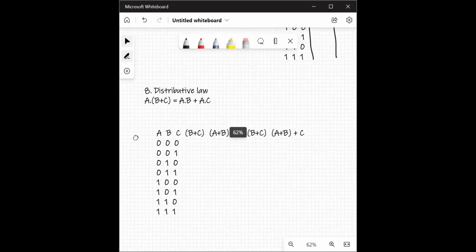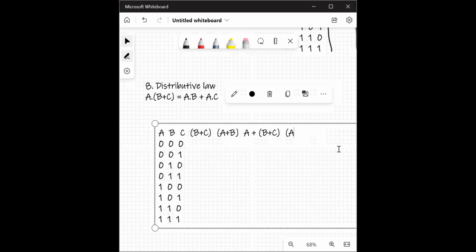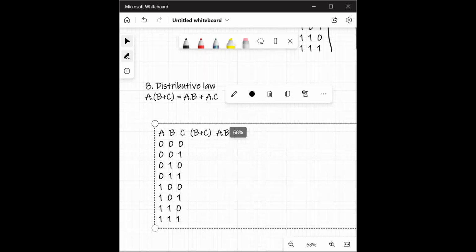So the eighth one, in distributive law, what we want is A dot B plus C. So we can have B plus C like earlier, right? And then we can have A dot B, then A dot C. So now as the final step, you can multiply A with B plus C. And then next one, you can have A dot B plus A dot C.